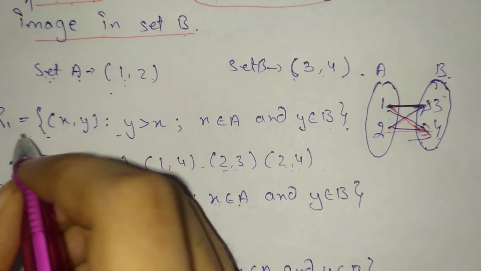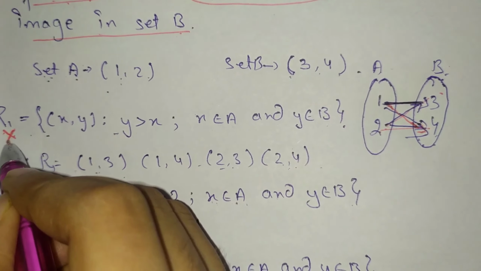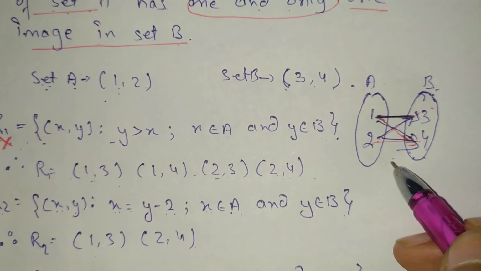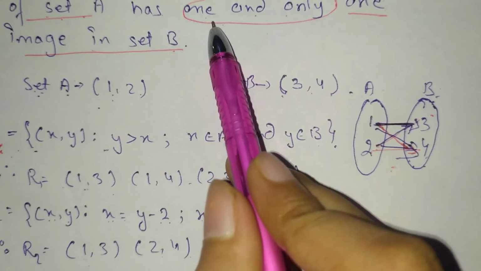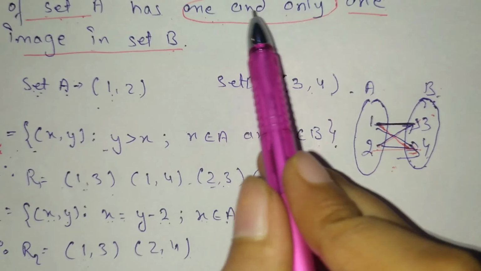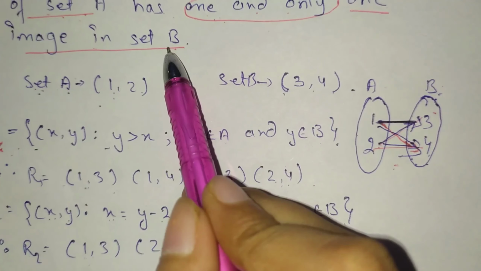Therefore this relation is not a function, as it does not satisfy the definition that every element of set A has one and only one image in set B.